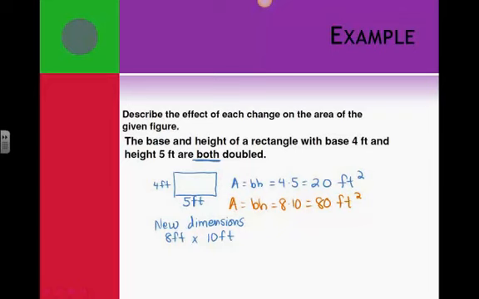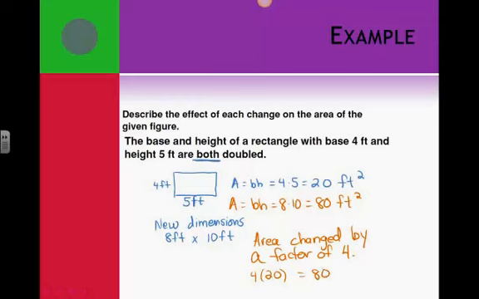So how much did the overall area change by? This time, the area changed by a factor of 4, because 4 times the original 20 equals our new area of 80.